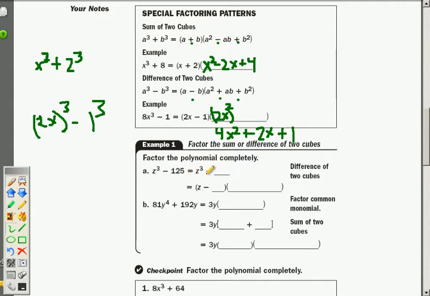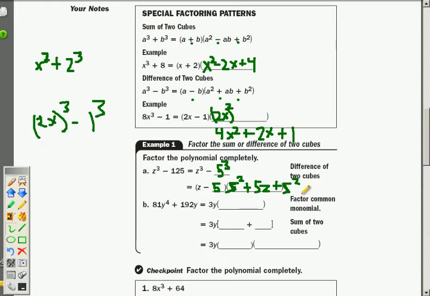So when it asks you to factor this completely, it ends up being z cubed minus 5 cubed. And then I just follow that pattern right there. z minus 5, z squared. And it's a minus plus plus. So plus 5z plus z squared.